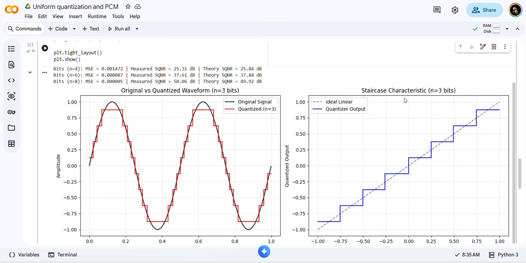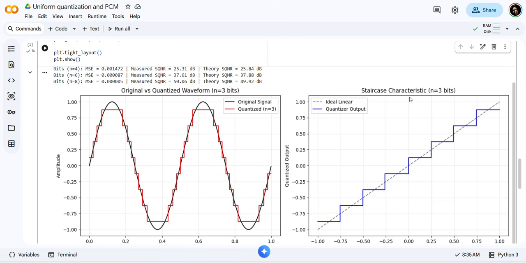Now the staircase characteristics, n equal to 3 bits. The ideal linear, if we had infinite bits, perfect analog, the input would equal the output perfectly, forming a clean 45-degree line.